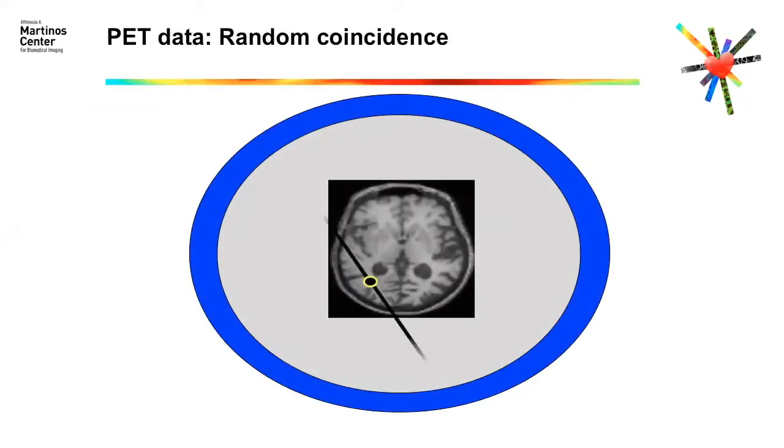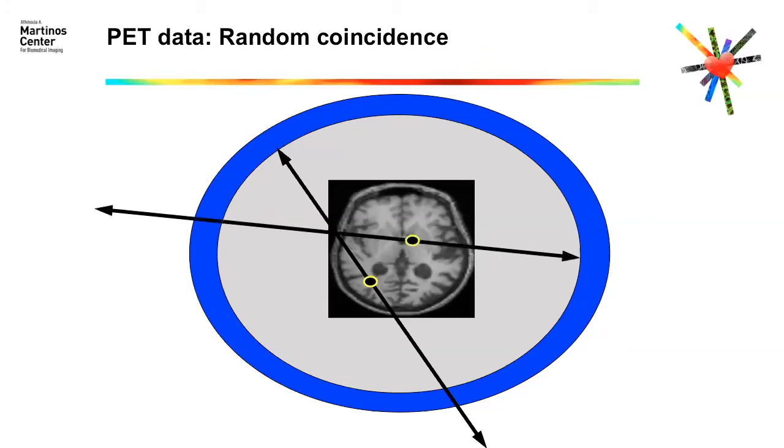So we said that eventually we wanted to have the events in coincidence, but sometimes one of the gamma rays might not be hitting the detector, either because it's going outside of the camera or because it's actually crossing the detector without being detected. That can happen.